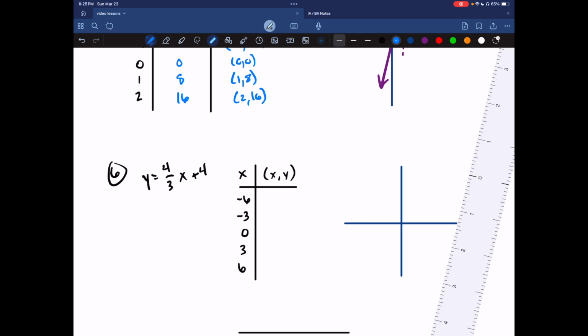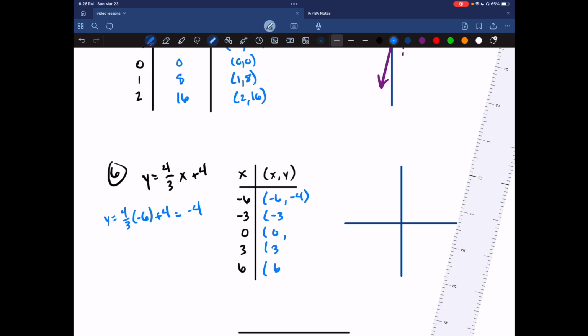Okay, so if I have, let's see, y equals 4 thirds x plus 4, and x is negative 6, 3 goes into negative 6 negative 2 times. Negative 2 times 4 is negative 8. Negative 8 plus 4 is negative 4. So I got negative 4 here. Let me write those over here. Negative 6, negative 4, negative 3.